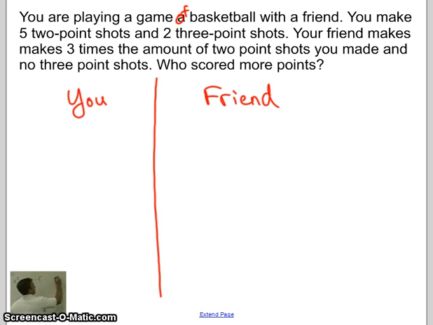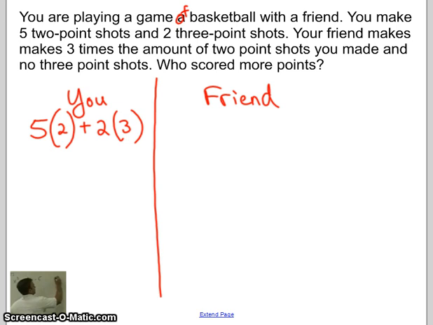You make 5 2-point shots, so 5 times 2, and 2 3-point shots. Your friend makes 3 times the amount of 2-point shots you made.